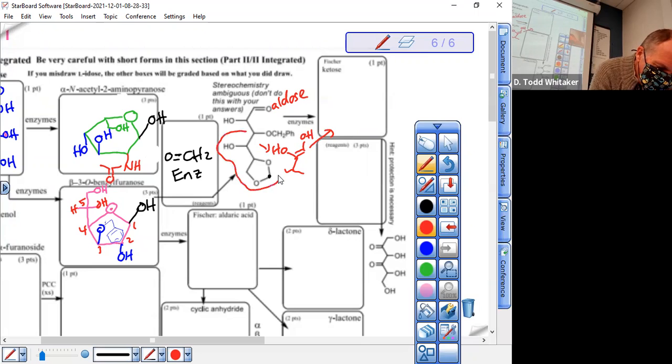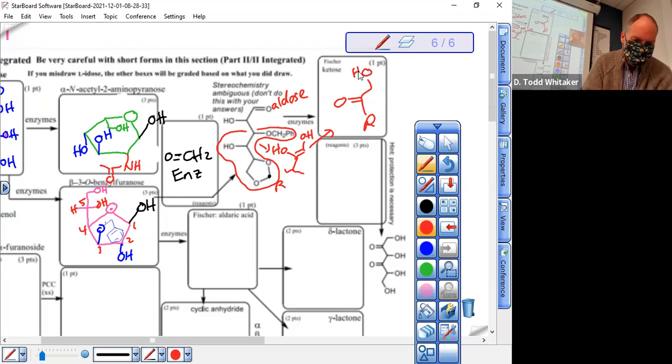And yeah, feel free to do this. That doesn't change. R. And the ketose has a ketone here, and that becomes OH up there.